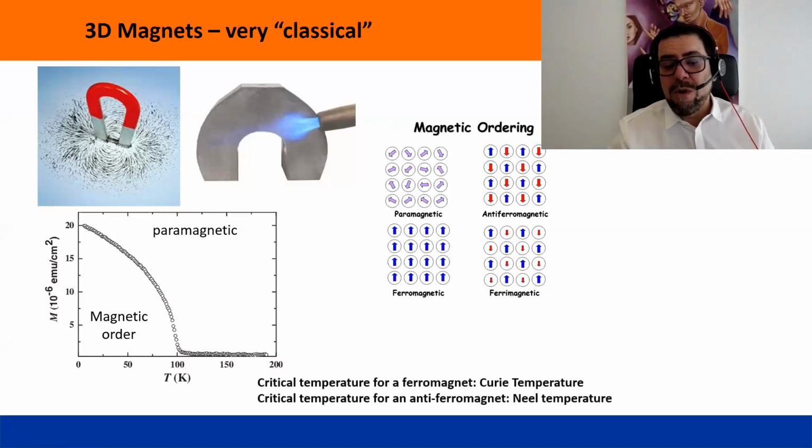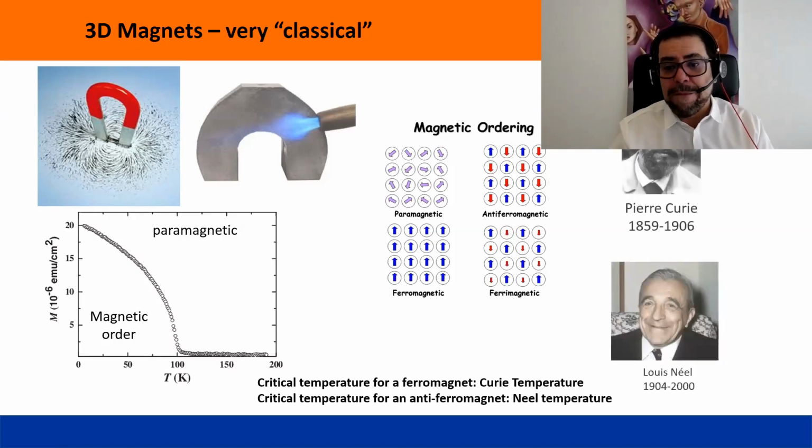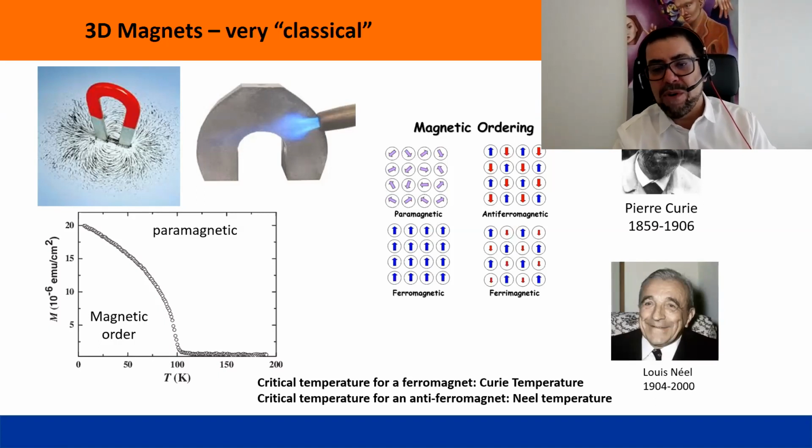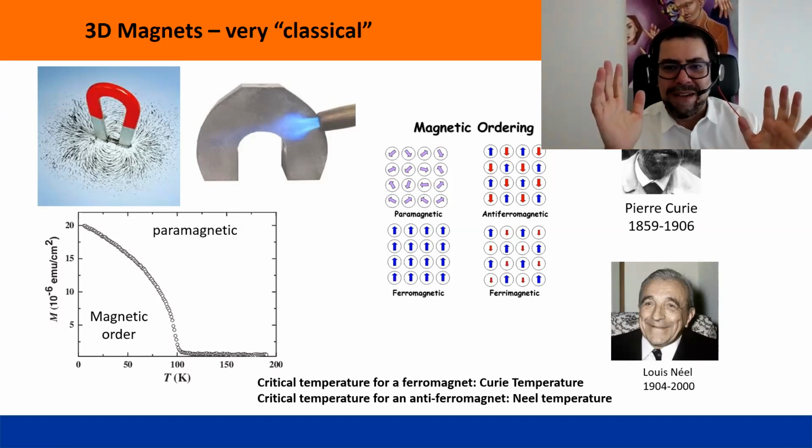So actually, these concepts were studied also in the 20th century. The critical temperature, the temperature at which the magnetization ends for a ferromagnet, is called the Curie temperature. This is due to Pierre Curie, the husband of the famous Marie Curie, in whose family there are, I don't know how many Nobel Prizes, maybe 3 or 4.